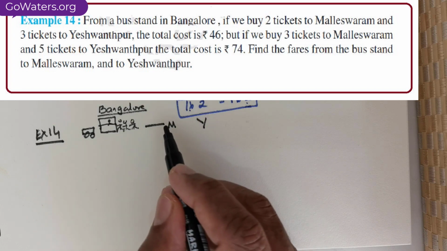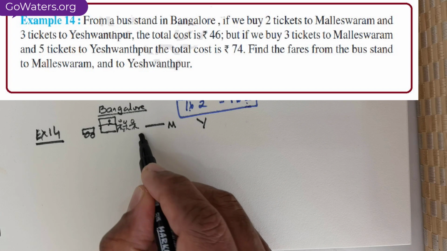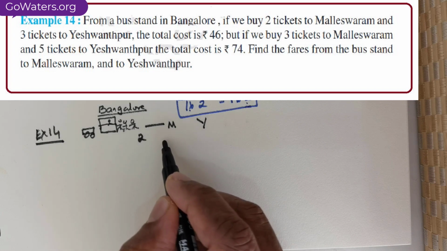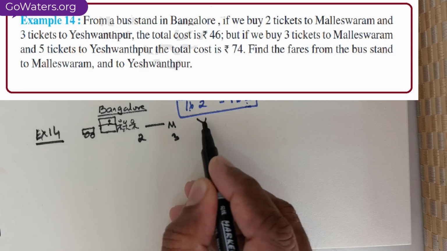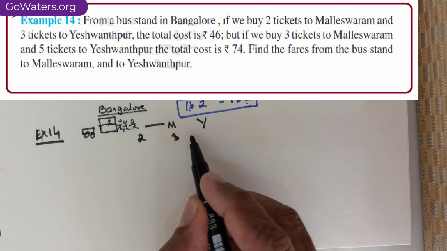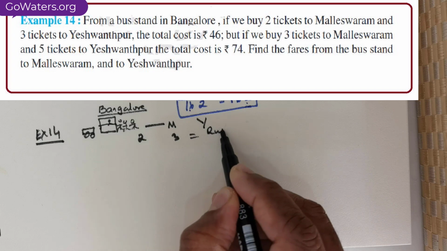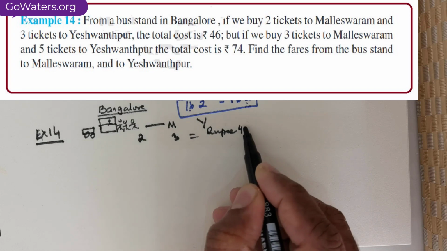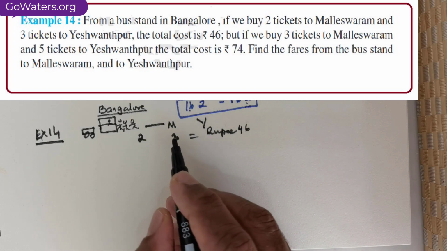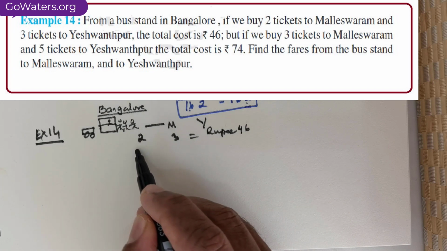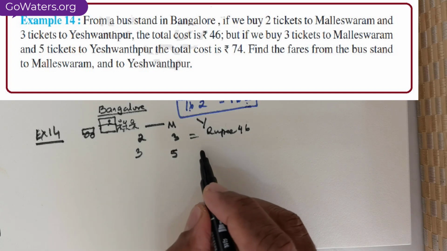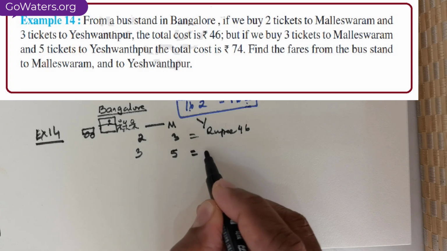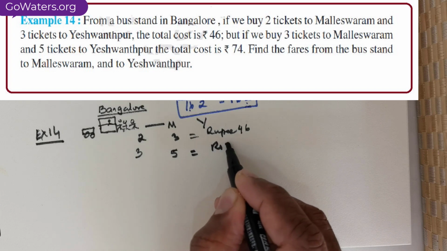So a person is buying 2 tickets to Malleshwaram and 3 tickets to Yeshwantpur, and the total cost is rupees 46. Now instead of buying this, if the individual buys 3 tickets to Malleshwaram and 5 tickets to Yeshwantpur, the total cost is rupees 74.